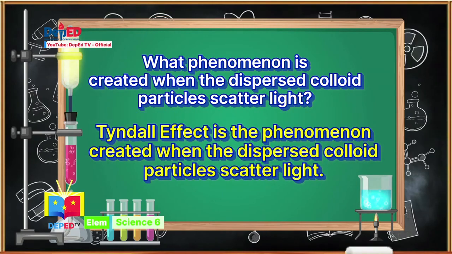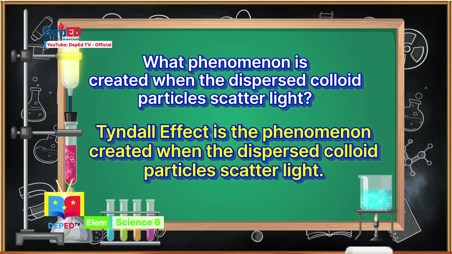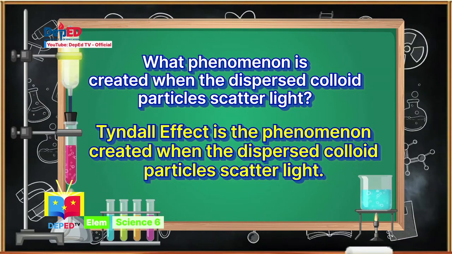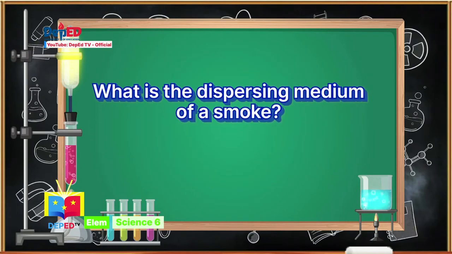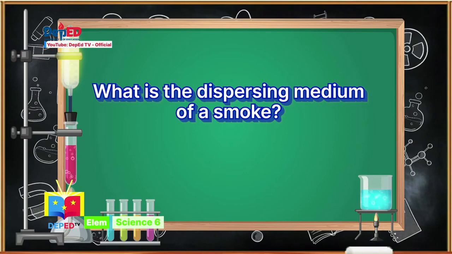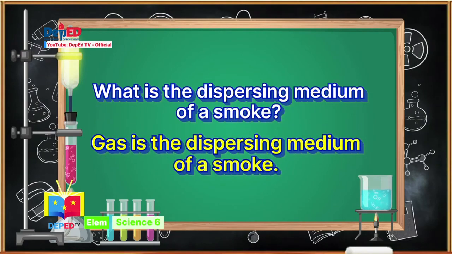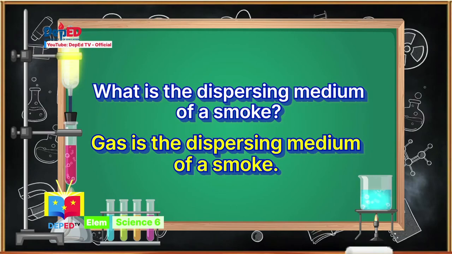Very good! Tyndall effect is the phenomenon created when the dispersed colloid particles scatter light. Number 2. What is the dispersing medium of smoke? Excellent! Gas is the dispersing medium of smoke.